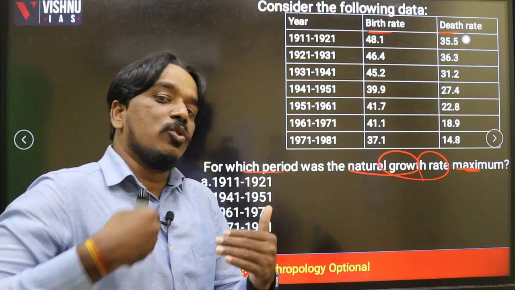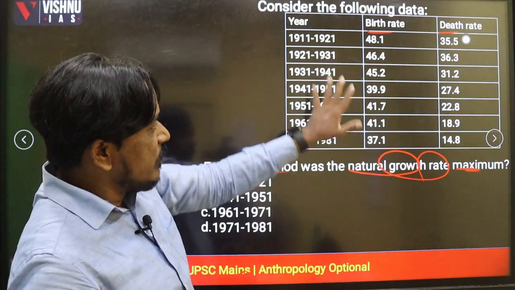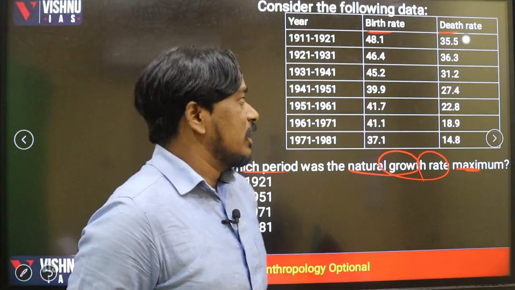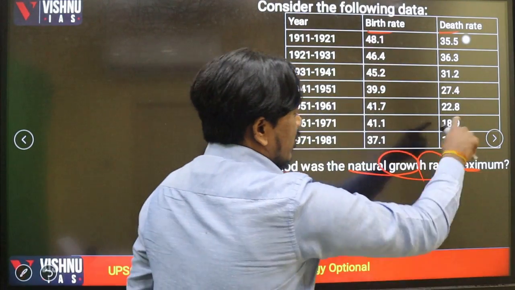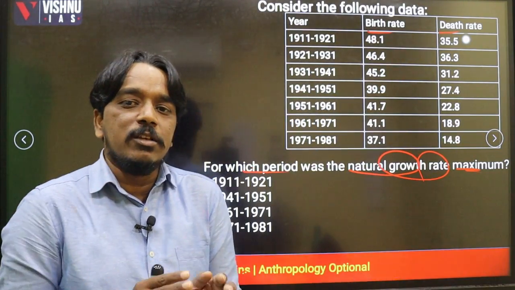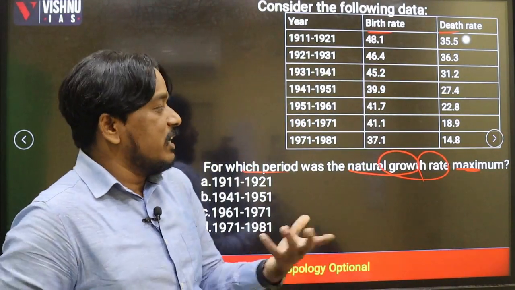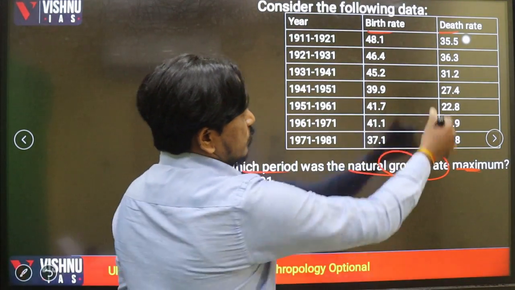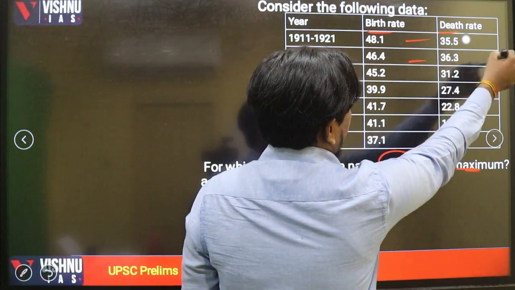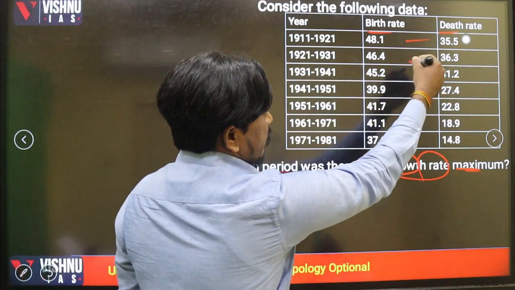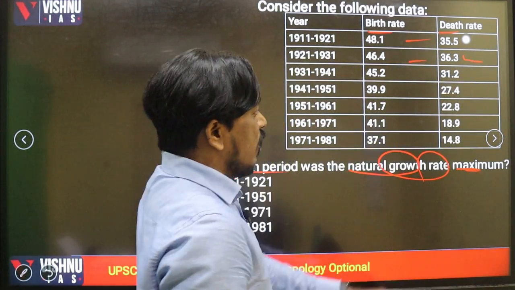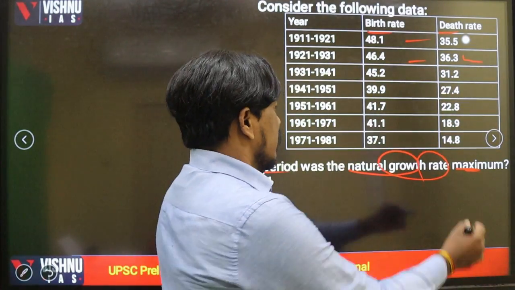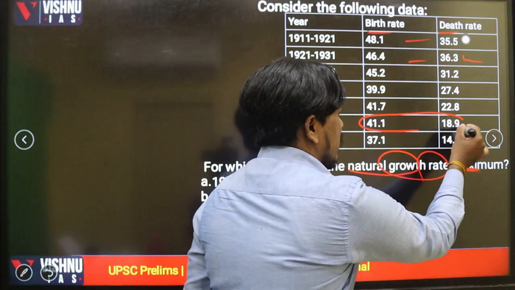What we require is to find in which period we have maximum growth rate. If you observe the differences of all these things, wherever we get the larger difference, that is definitely the right answer. Approximately, here we are getting nearly 10. Just simplify all the values.